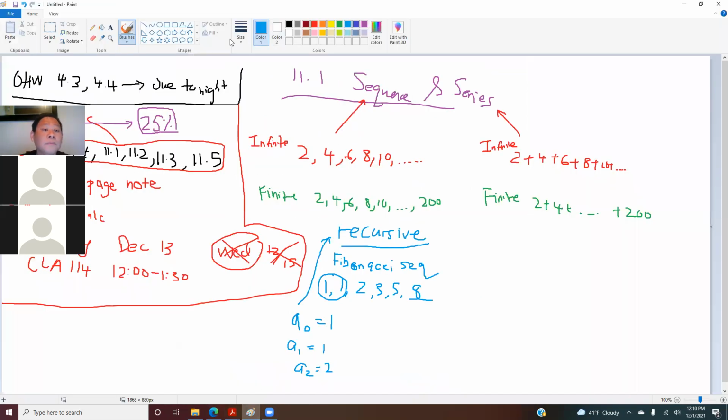So when you see the letter A with the subscript 1, what does that mean? It references the first number in the sequence, so it's 1. A2 in this case means the second number in the sequence, and A3 means the third number in the sequence, and then this will be A4, A5, and A6.